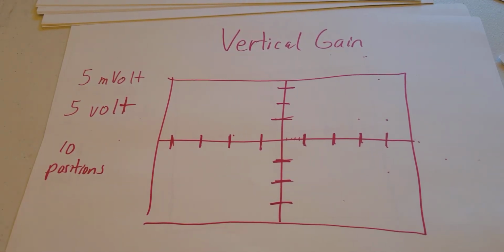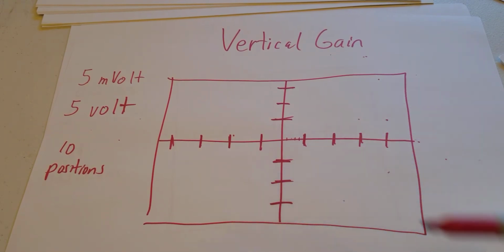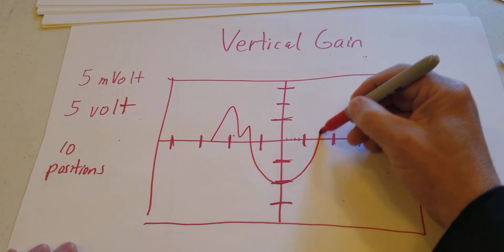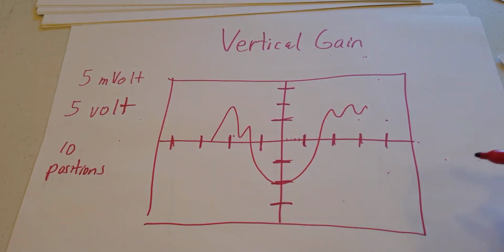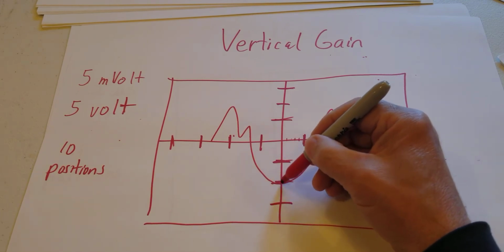So the vertical gain on my scope is between 5 millivolts to 5 volts per division. This is the vertical gain. That means if I have something that goes like this, if I had my vertical gain set to 1 volt per division, and if I said to you, what is this voltage right here?